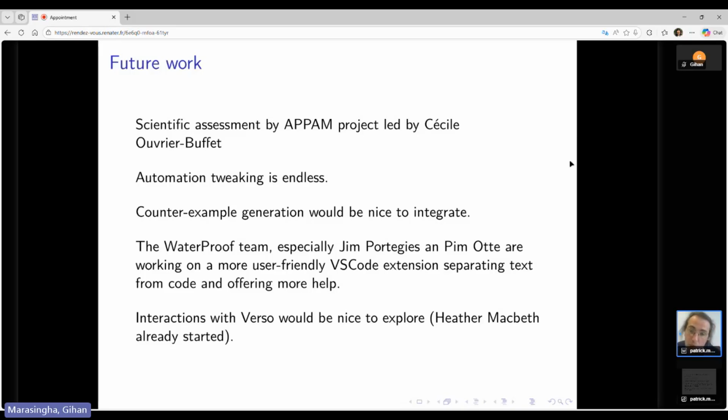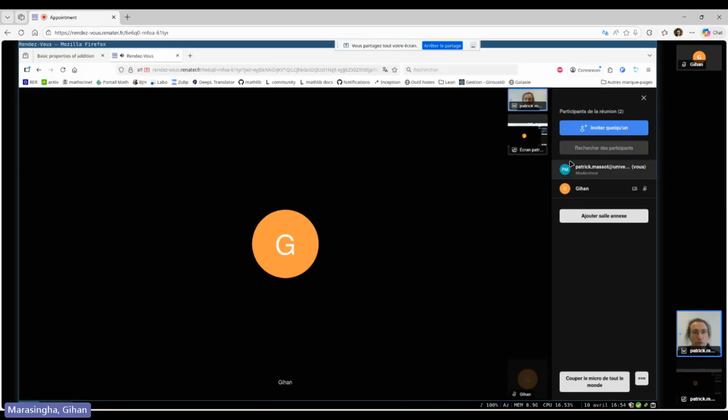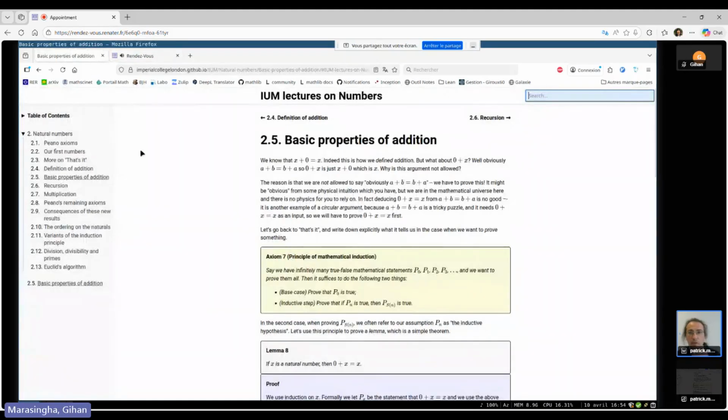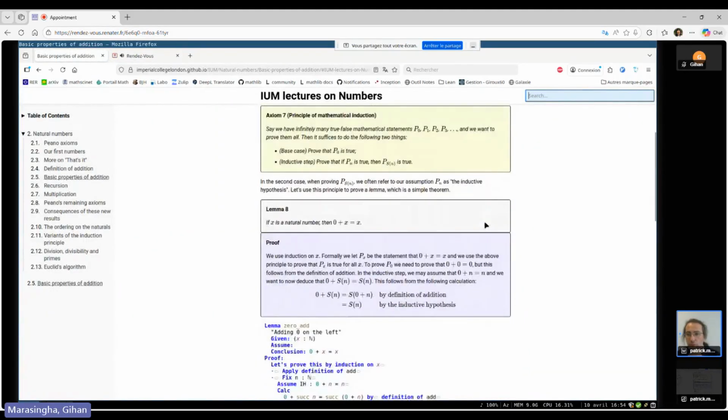And it would be nice to also leverage the wonderful work that David Thrane Christiansen did on Verso at the Lean FRO. There is an example by Heather Macbeth that I can show. If you look at this file by Heather, you can see there are nice explanations.